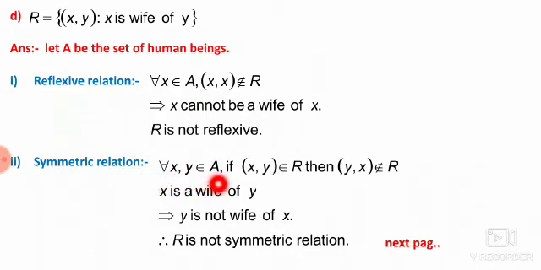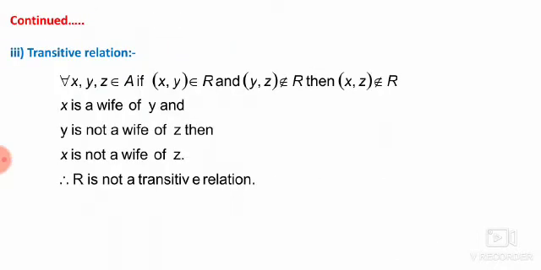For all x comma y belongs to A, if x comma y belongs to R, then y comma x does not belong to R, because x is a wife of y implies y is not a wife of x, because if x is a wife of y, y is a husband of x. Therefore, y can never be a wife of x. Therefore, here R is not a symmetric relation.